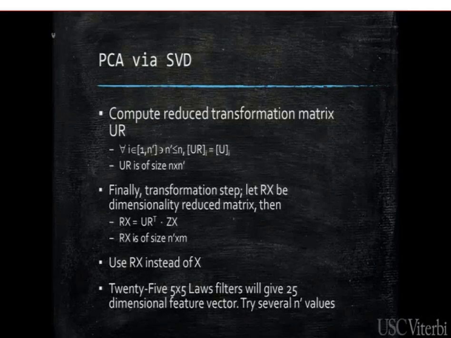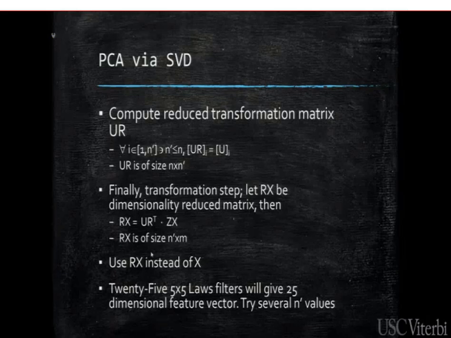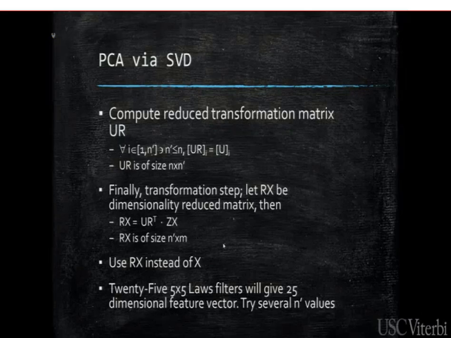Now, since you've reduced n to n prime, what will be the dimension of Rx? N prime by m, where m is the number of data points. This would be useful in the homework 3 bonus question. You can try several values of n prime because you have 25 dimensional features, and discuss it in the report.